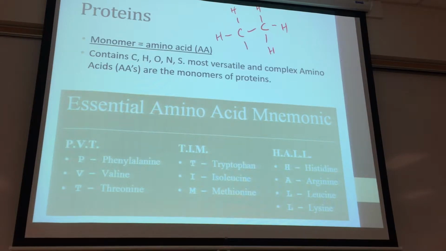We took our ethane, we got rid of one of the hydrogens, and we added our amine functional group. And in fact, I'm going to get rid of 2 of these, and I'm going to attach a double bond O to it. I have an amine group attached to a carboxylic group.